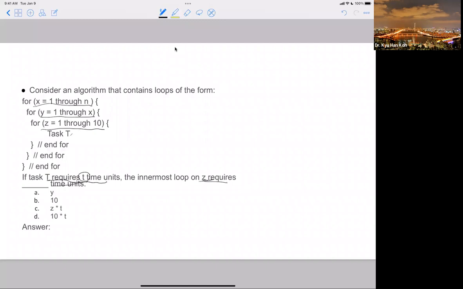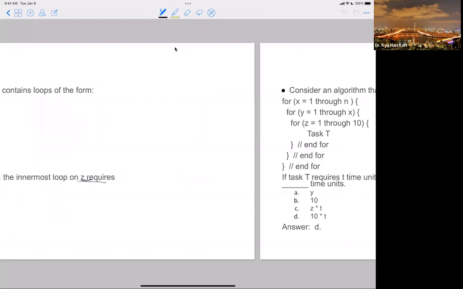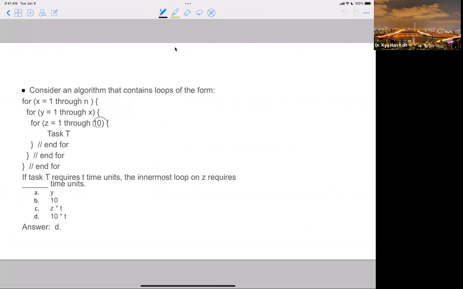So that is T requires T, then how many iterations it does? 10 times. So 10 T, that is 10 T. So the innermost loop requires that amount of time.